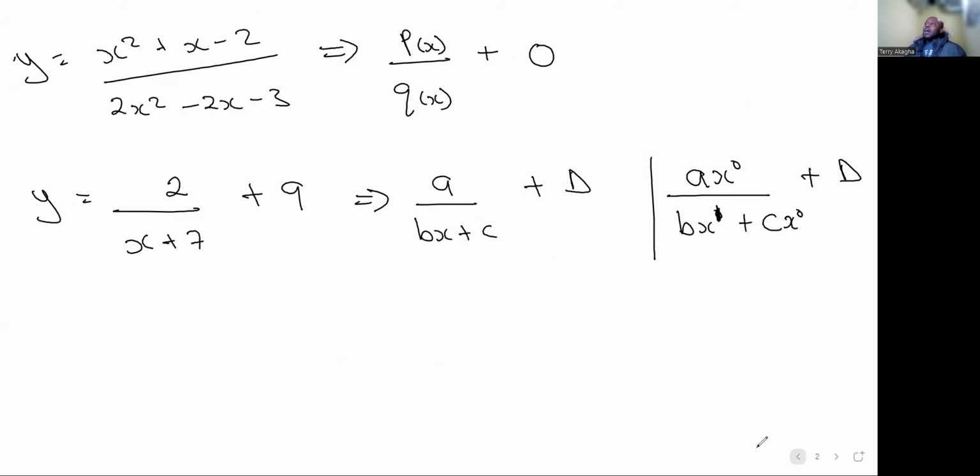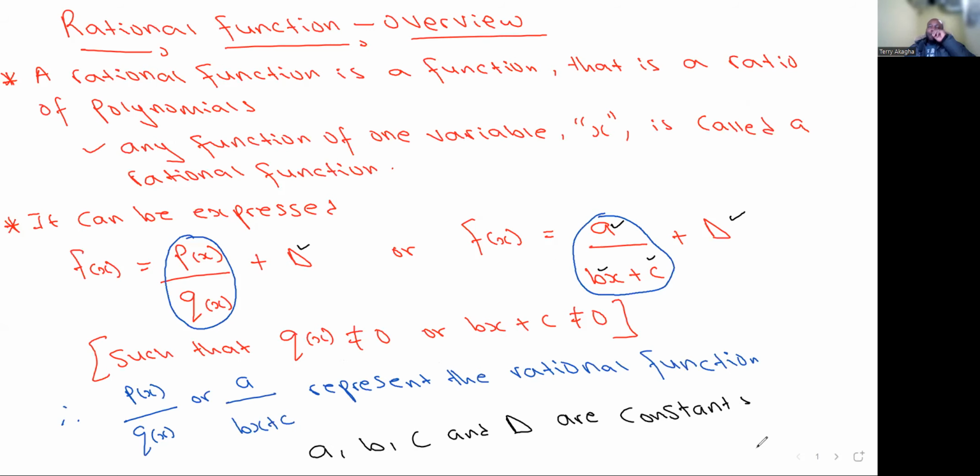So that is a quick overview of rational functions. When we talk about rational functions, we're talking about the ratio of 2 polynomials. You can also have a constant associated with it, like D, which can also be 0.